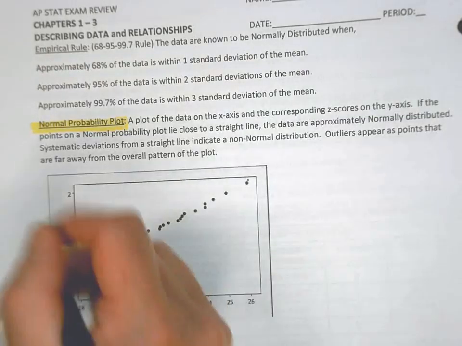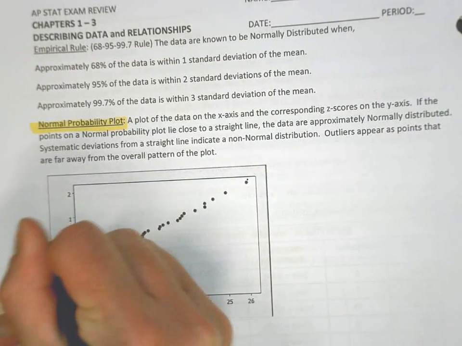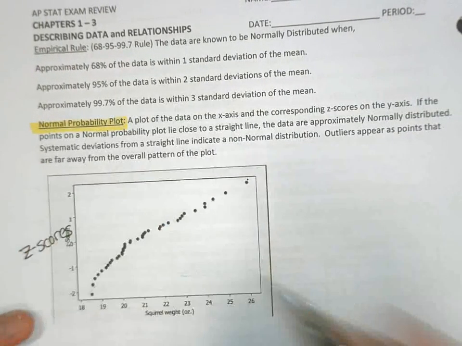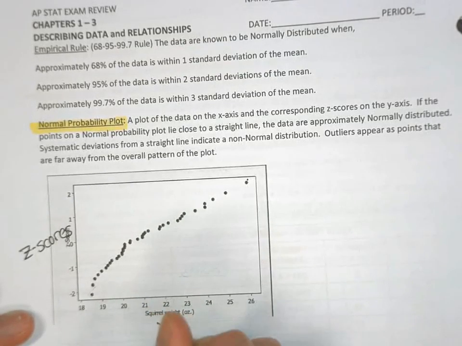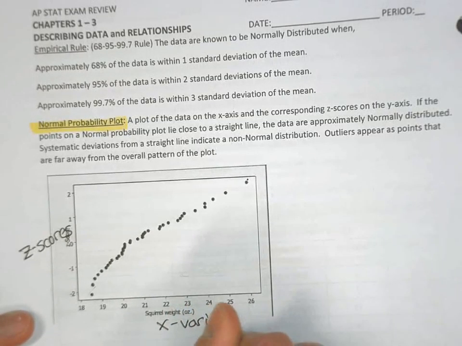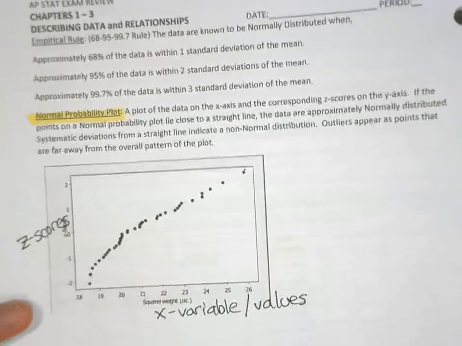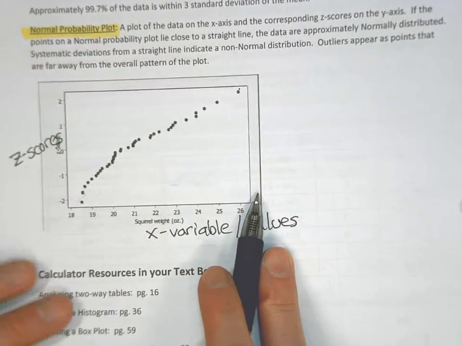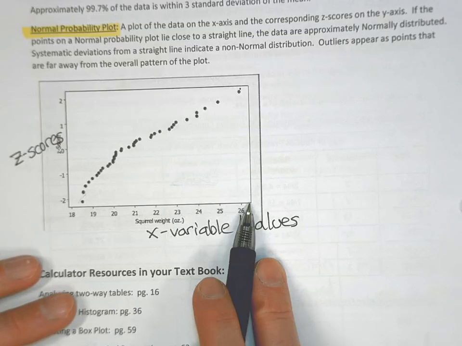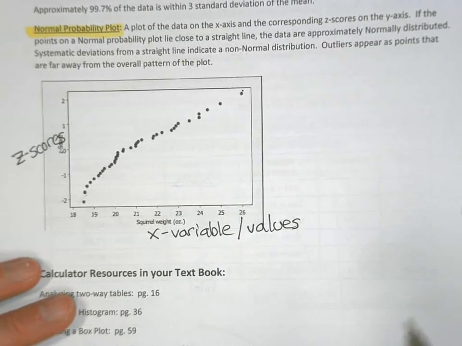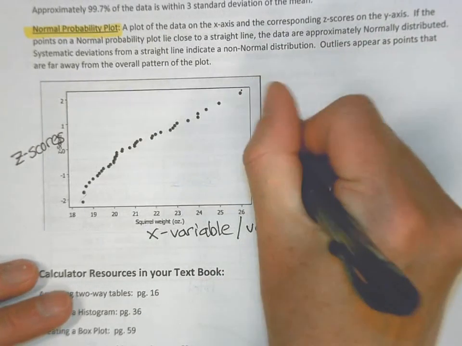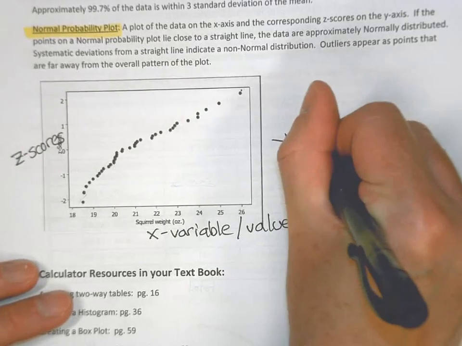It's a graph of your z-scores on your y-axis and your data values on your x-axis. You're just trying to see how straight it is. If it's straight, then that means it's approximately normal. It is also the last graph option on your calculator.